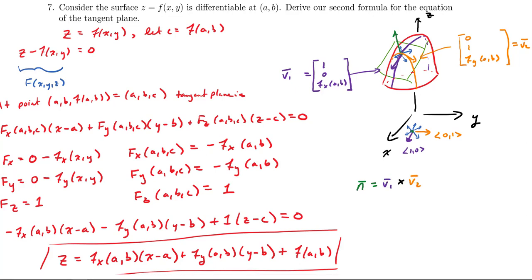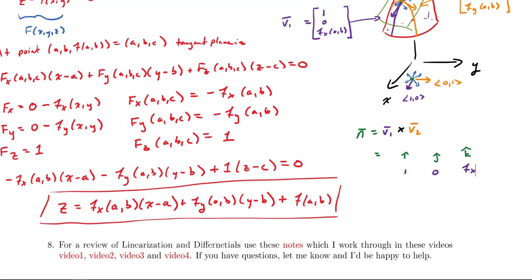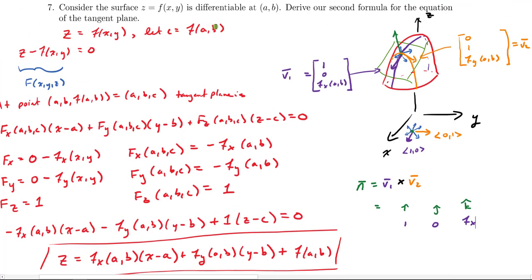And if we were to set up that cross product, you would just have i, j, k, and then v1 is the vector 1, 0, f sub x. I'll just write f sub x and I'll leave the a, b off till the end. And v2 is this vector right here, which is 0, 1, f sub y.